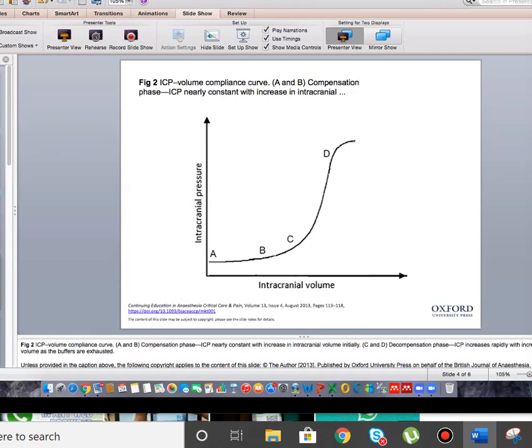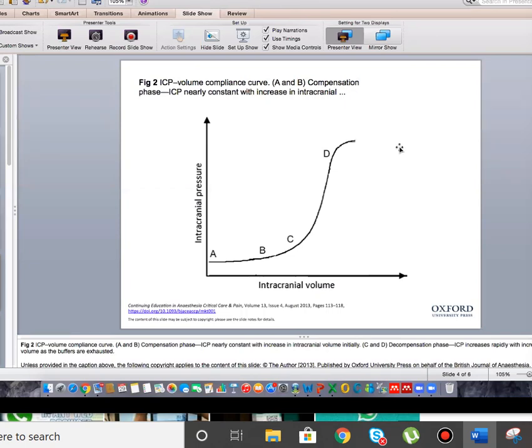What can you see from this graph? When intracranial volume increases, intracranial pressure remains the same, then slightly rises from A to B, and then a drastic rise.